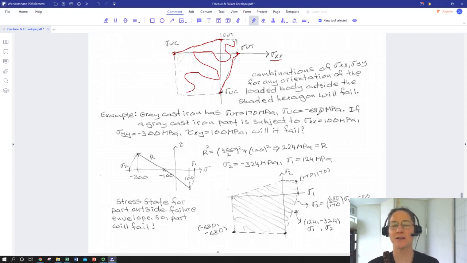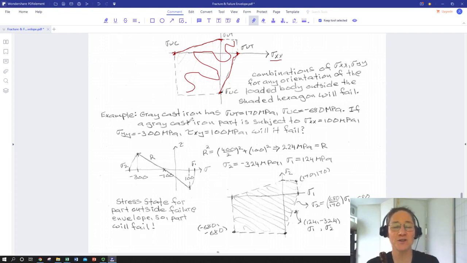So big difference. So there's our brittle material acting differently. And we're going to take it out in the field, and it's going to see 100 megapascals of tensile stress in our x direction, 300 megapascals of compressive stress in the y, and we're going to twist it a bit.